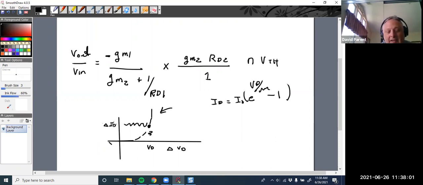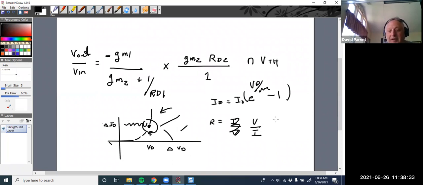So I have delta ID. Now, like I said, if I zoom in on that, really zoom in, it's going to look like a straight line. And so what's resistance? It's voltage divided by current.